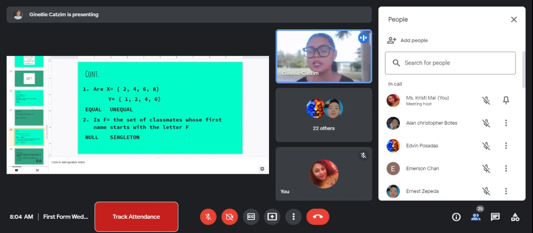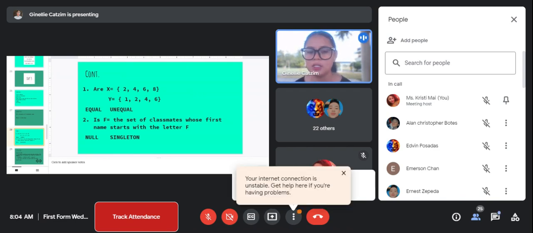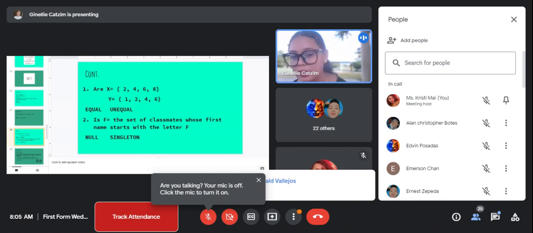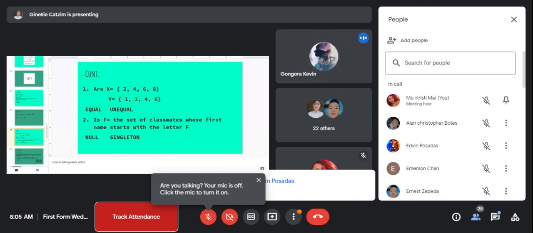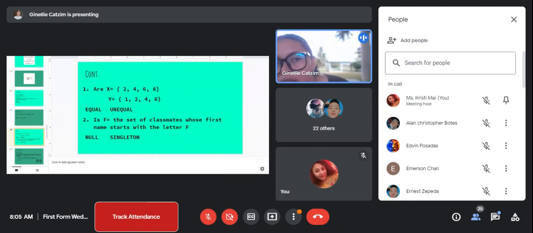They are similar in the same amount of numbers, but remember what we are talking about: equal or unequal. Equal means that they have the same elements, right? Unequal means that at least one element is different. So which one is this one? Number one, Miss. Number one, yes, but is it an equal or an unequal set?